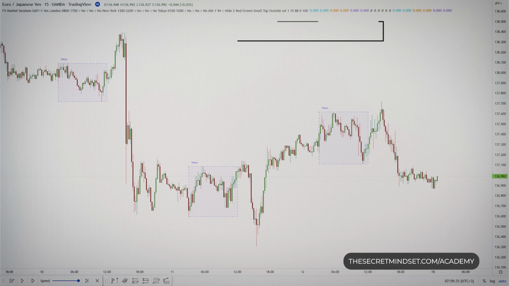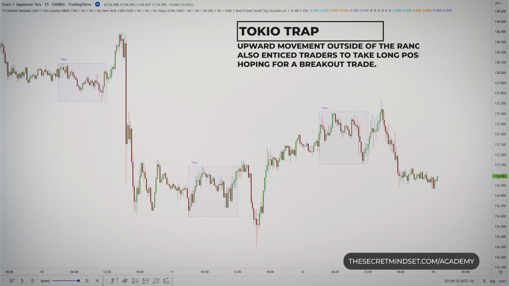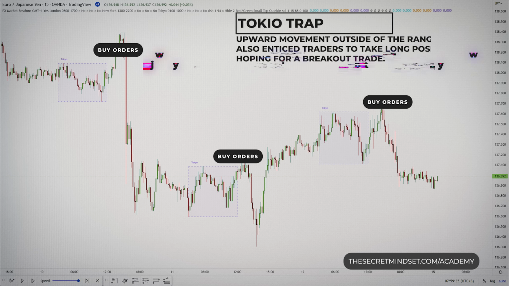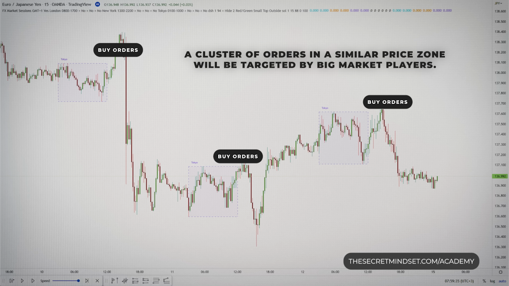The upward movement outside of the range also enticed traders to take long positions, hoping for a breakout trade. So there's a second batch of traders who were trapped, long breakout traders. When you have a cluster of orders in a similar price zone, this zone will be targeted by big market players.